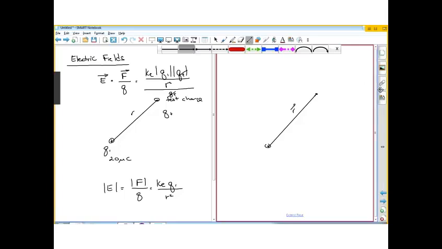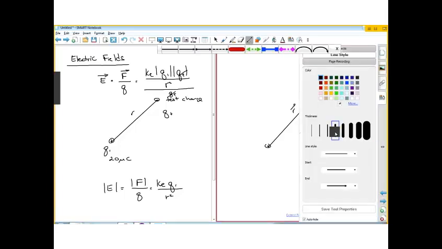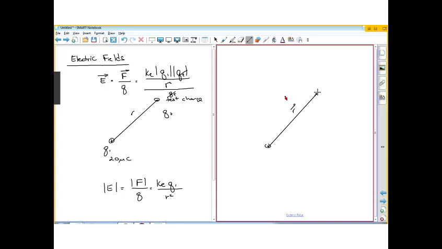The actual electric field vector is like this. So it goes straight in line with the straight line between the charge and the position in space we're trying to find the electric field. So this is an electric field vector.